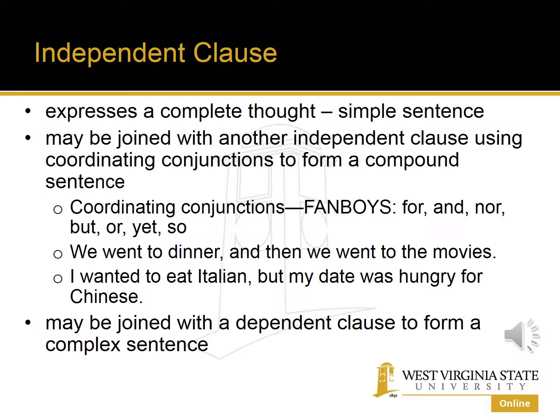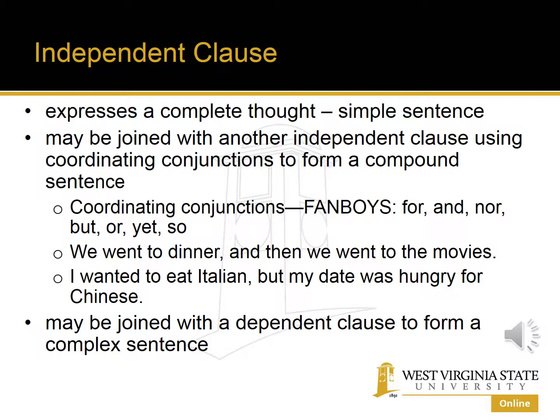We went to dinner and then we went to the movies. In this sentence, we have two independent clauses. We went to dinner, complete thought. We went to the movies, also a complete thought. Note the use of the word then. It is not proper. Then is not a coordinating conjunction, so it's not proper to write a sentence, we went to dinner, comma, then we went to the movies.